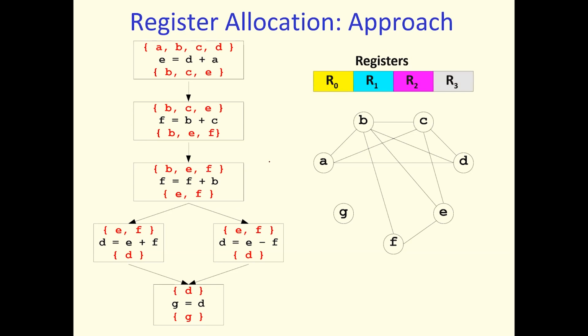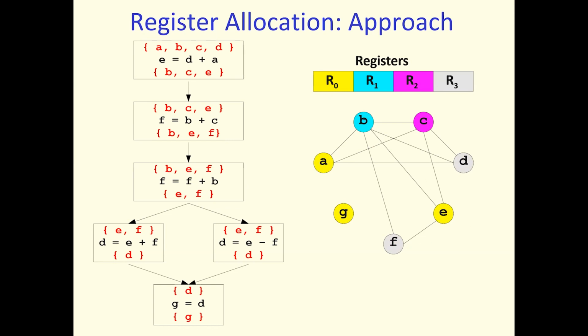Now suppose we have 4 registers to allocate. In this case, it is kind of trivial because we saw only 4 variables at the most in conflict with each other. We give them 4 different registers, and the colors show which register goes to whom. G does not conflict, so it can take any register. E can take any register.